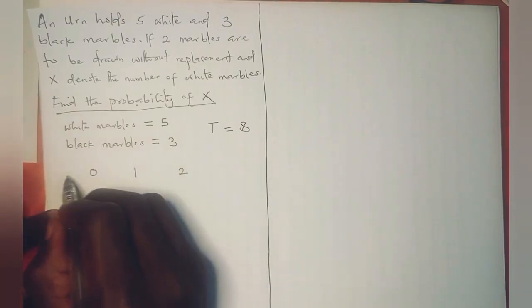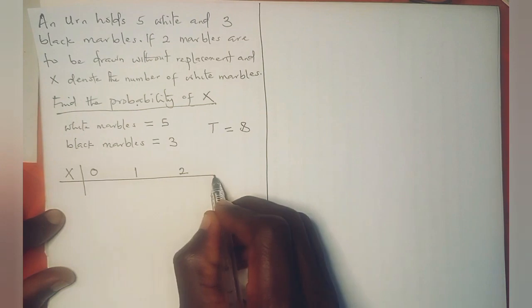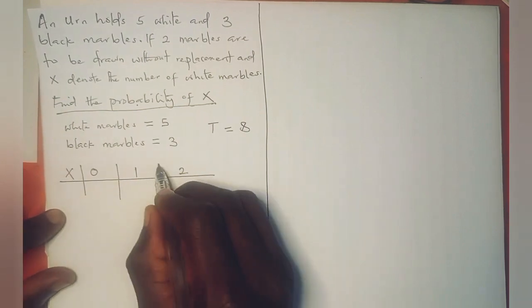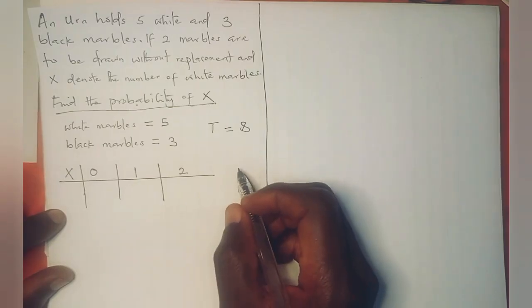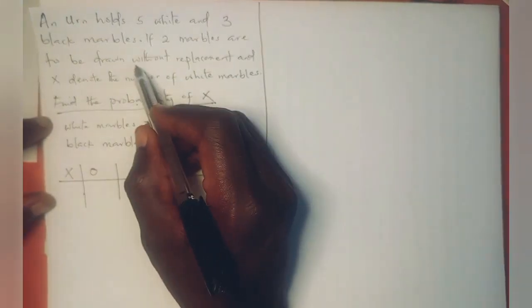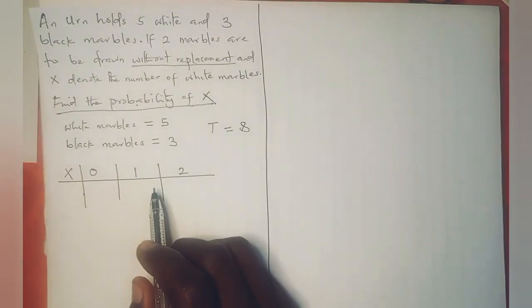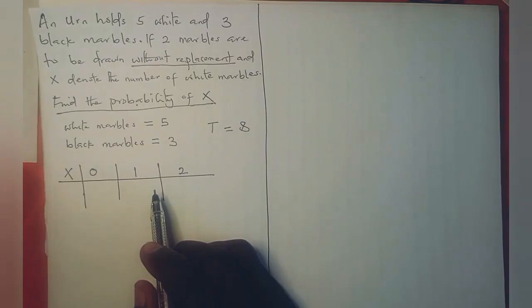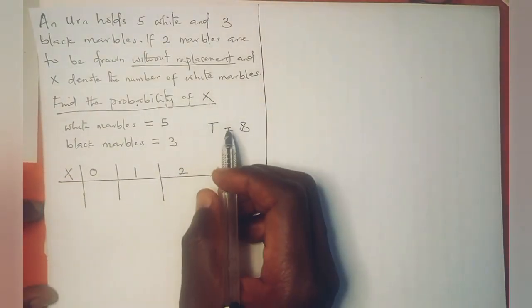So the value x could take is either 0, 1, or 2. And there is a keyword here. This is without replacement. If two marbles are to be drawn without replacement.